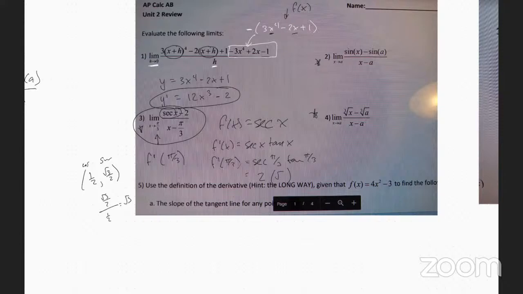What I'm confused about, and this isn't really part of this question, is that there'd be a question to the effect of, the function f is evaluated at some value c, find f and c. And the function is just like what we're doing with secant x and 3x to the 4 minus 2x plus 1. But what would c be?